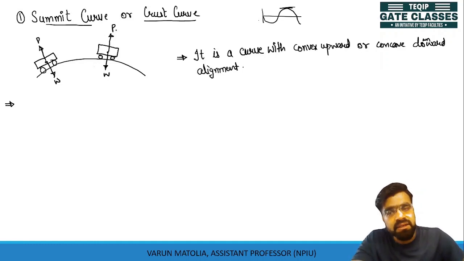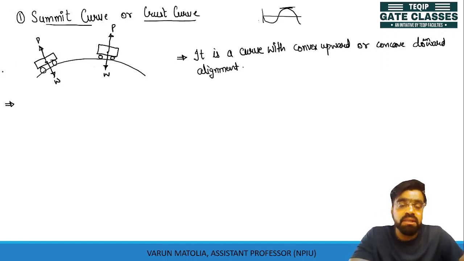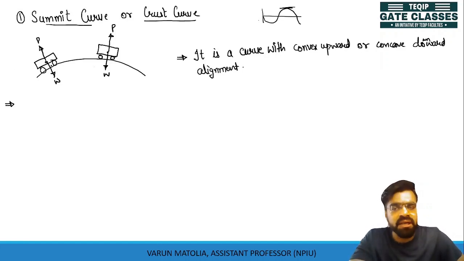The velocity of the vehicle will also not be very high while covering this summit curve, because for a rising gradient it is very difficult to maintain a very high velocity. So the first consideration, discomfort, is eliminated because of this balancing of forces.